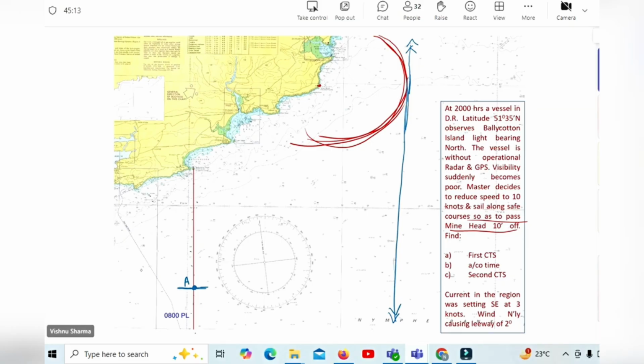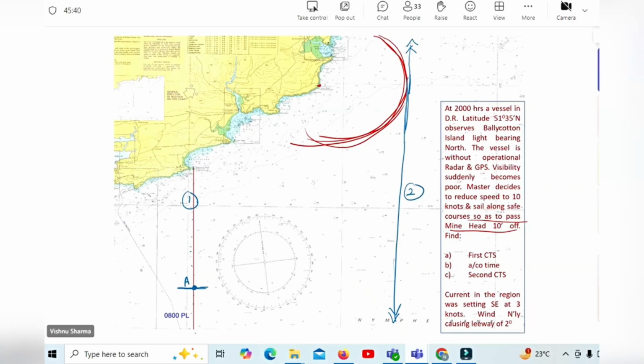Now, I want to safely reach in the shortest possible time from line 1 to line 2. These two lines are parallel to each other. And in geometry, we know that between two parallel lines, the shortest distance is the perpendicular distance between them.